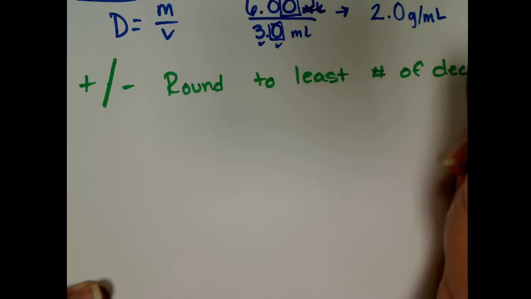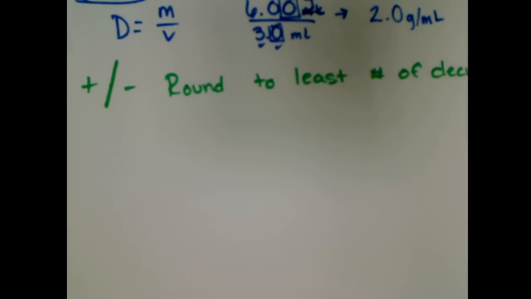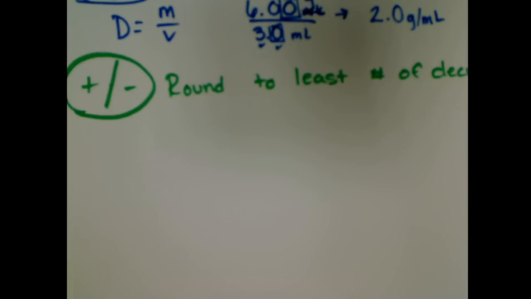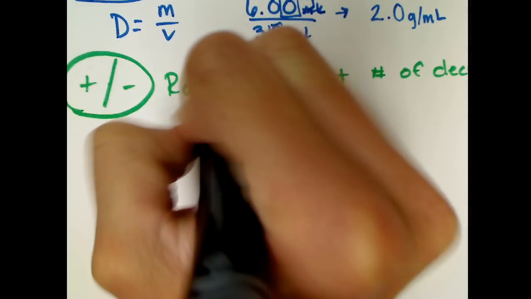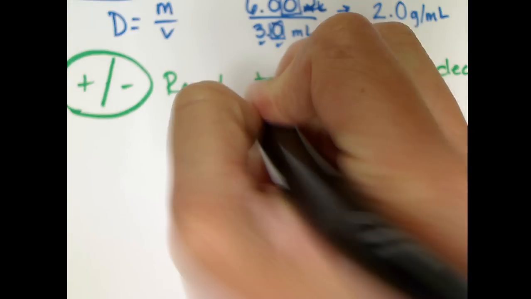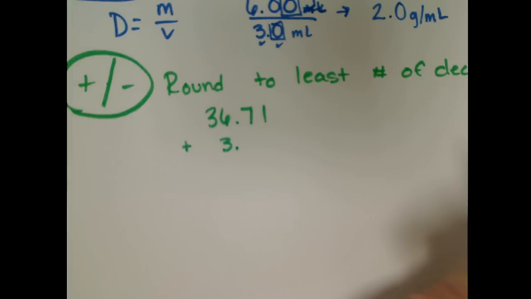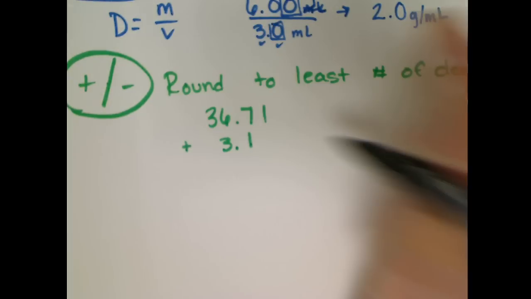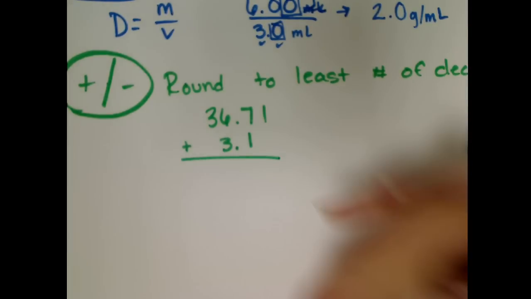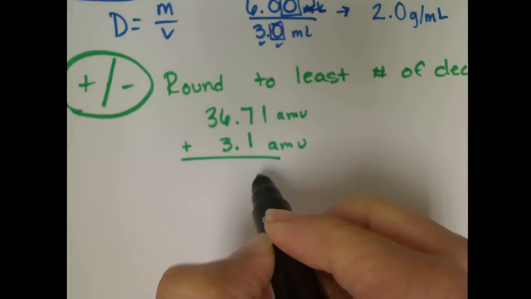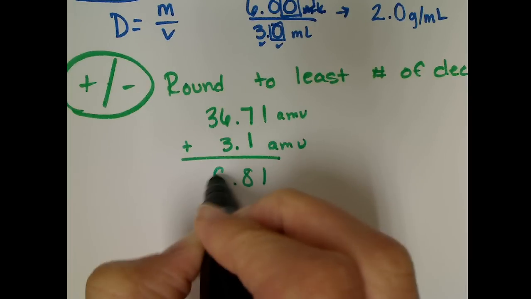of decimal places. If I have, for example, I'm trying to add up molar masses, and I have 36.71 and 3.1, and I'm adding those up because they're going to be in AMU, which we'll talk about later, I'm going to have 1.893.